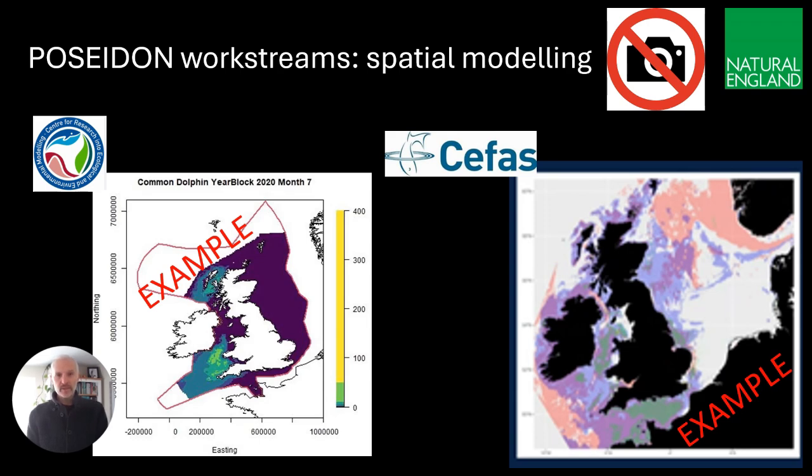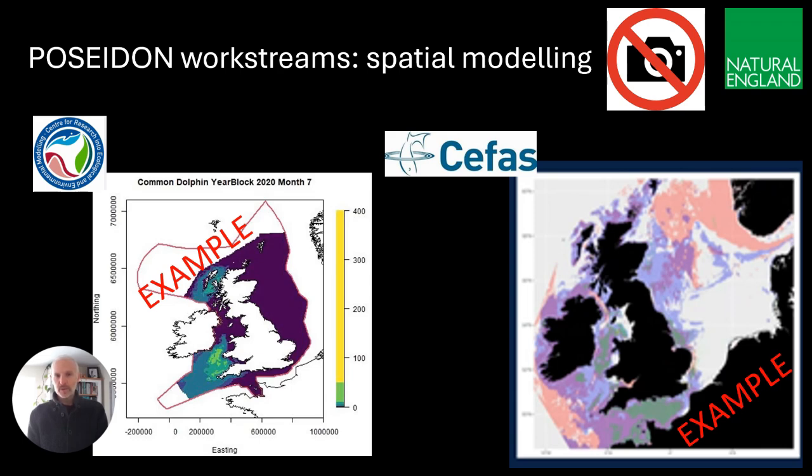On the right, you can see an example from CFAS's mapping work, mapping biodiversity across the extent that you can see here. CFAS have about 15,000 samples informing their spatial models, and as previously mentioned, we've got over 2 million square kilometres of survey effort for the highly mobile species models.